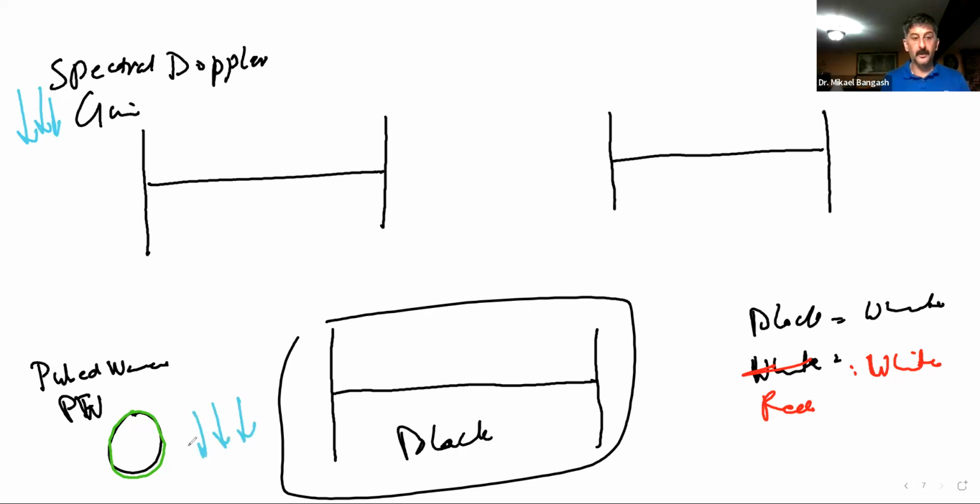So even though blood is flowing and the velocity of the blood is being recorded at the window, when that recording comes back and should be displayed on the graph, the graph is not bright enough.